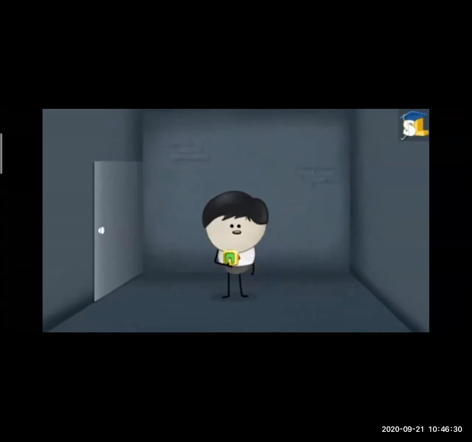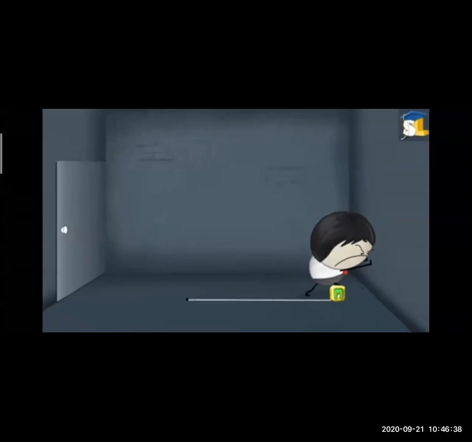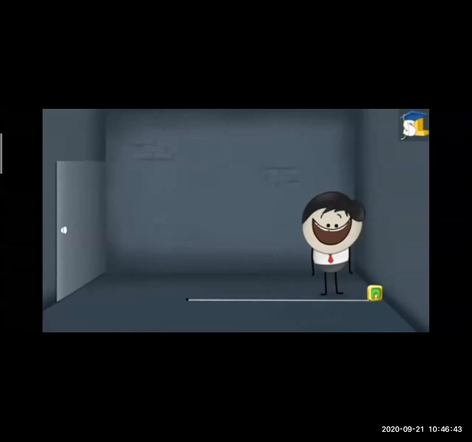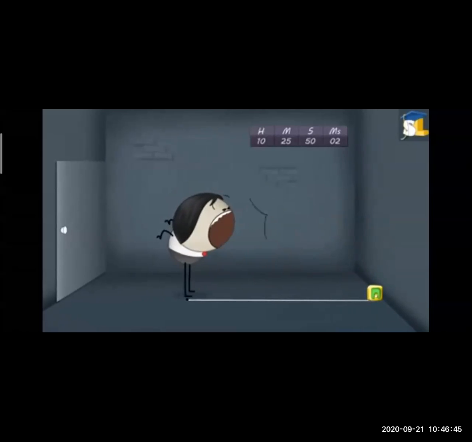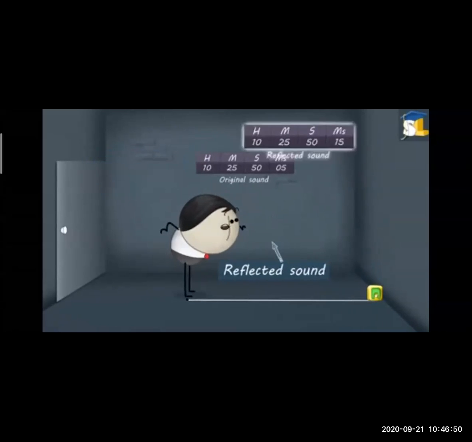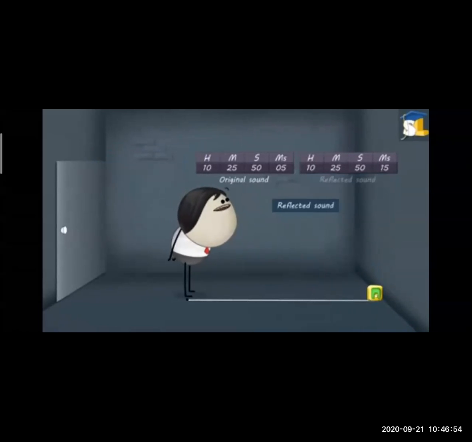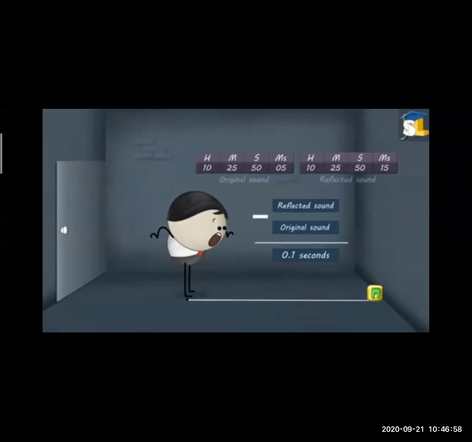The minimum distance between the speaker and the reflecting surface should be at least 17.2 meters. When the distance is 17.2 meters and we start speaking, assume that the original sound reaches our ears at this time and the reflected sound reaches our ears at this time, then the time interval between the reflected sound and the original sound will be equal to 0.1 seconds. As a result, we will be able to hear an echo.